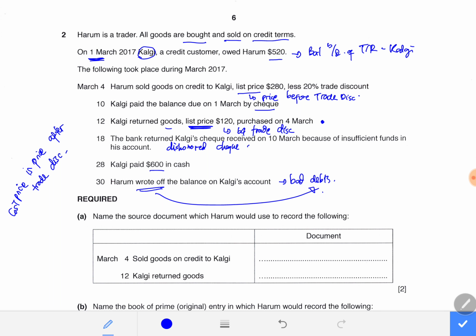Next, name the source document which Harum would use to record the following. Sold goods: the document involved is an invoice, because an invoice is used to record sales on credit as well as purchases on credit. Returned goods: a return is always a credit note.